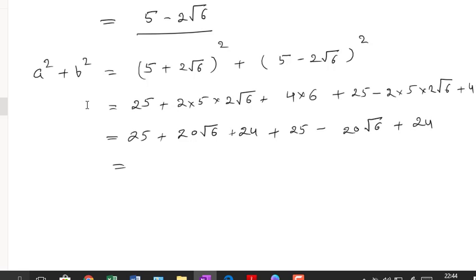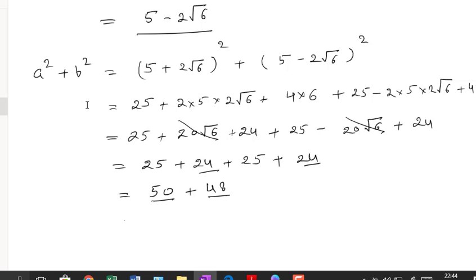This 20 root 6 and minus 20 root 6 will cancel. So our final answer is 25 plus 24 plus 25 plus 24. 25 plus 25 is 50, 24 plus 24 is 48.